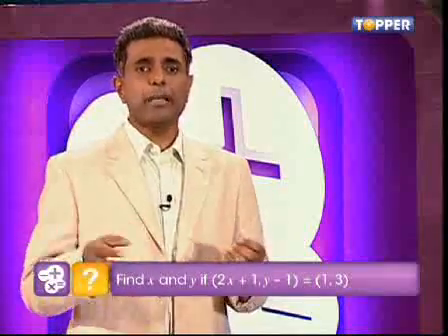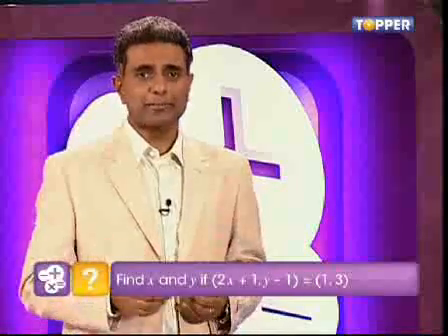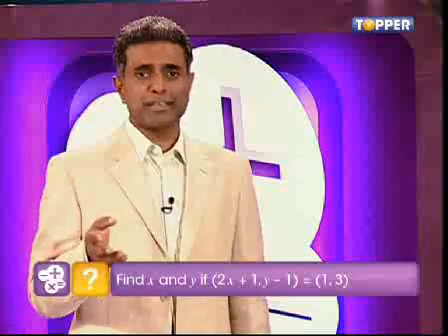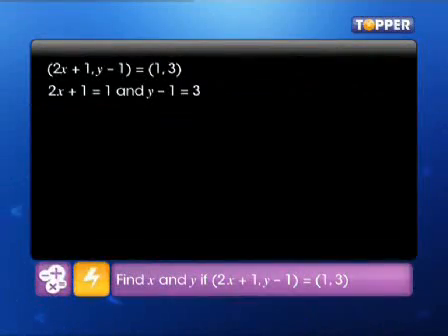Take for example the equation (2x + 1, y - 1) is equal to (1, 3). Now by this requirement, the ordered pairs are equal if 2x + 1 is equal to 1 and y - 1 is equal to 3. Solving this, we get x is equal to 0 and y is equal to 4.